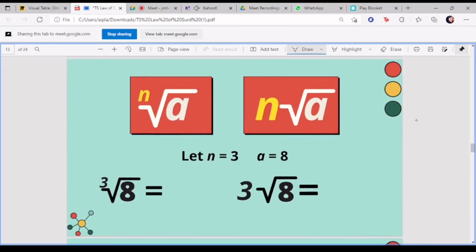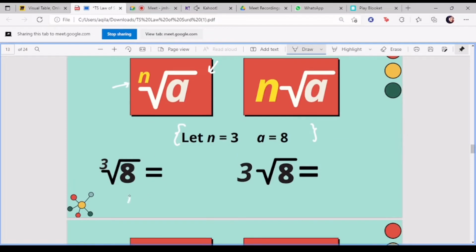Actually, you can test the expressions here by inserting any value inside the expressions. For example, we have n equals 3 and a equals 8. So you get the cube root of 8.